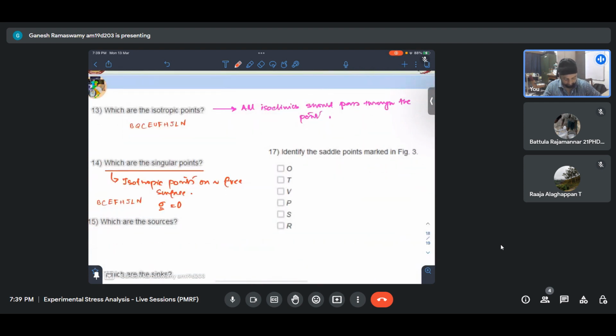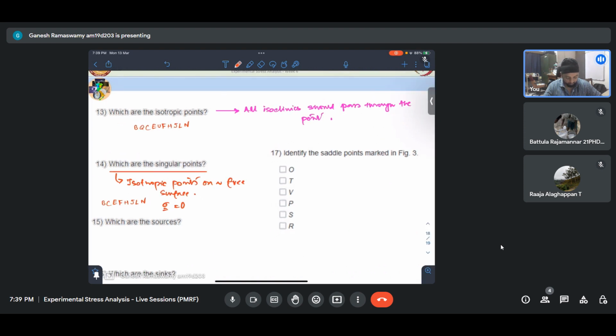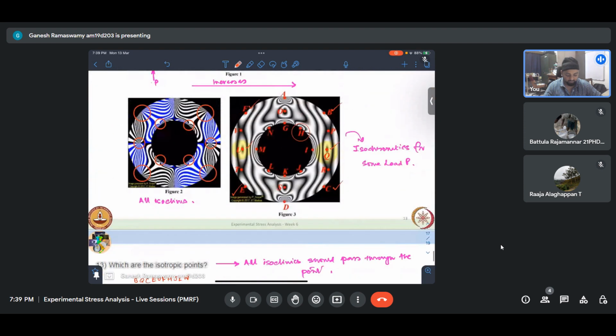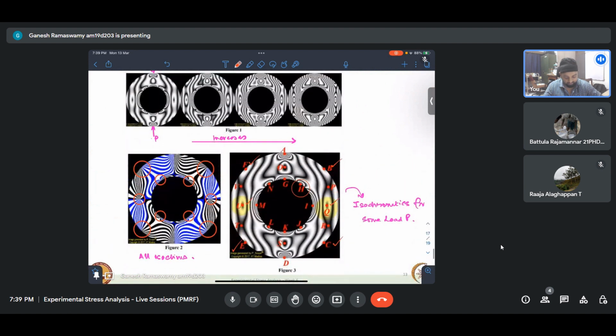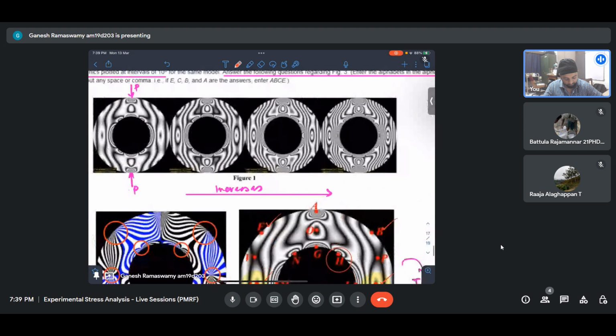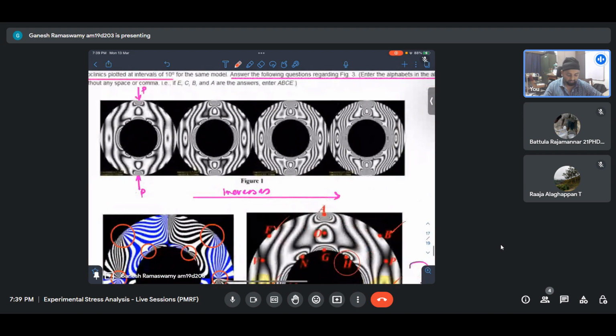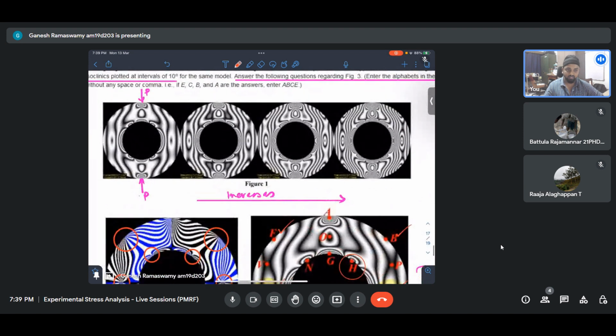What are the sources? We saw that the fringes basically emanate out of them. The animation is shown clearly in the lecture. But if we see, sources basically are points from where the fringes are emanating. So the load points are definitely sources.